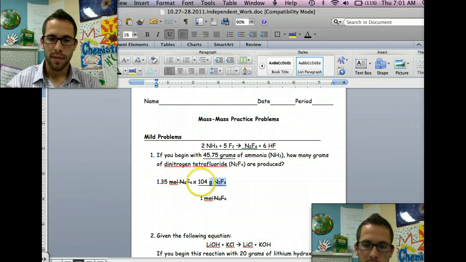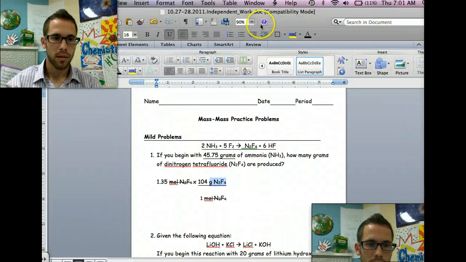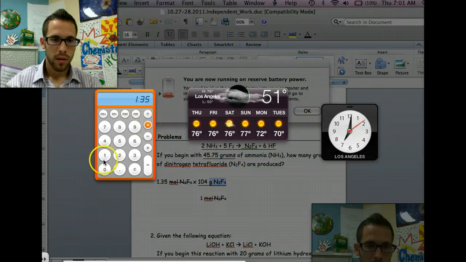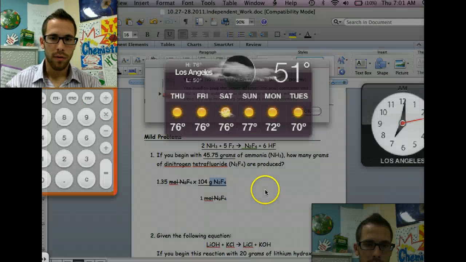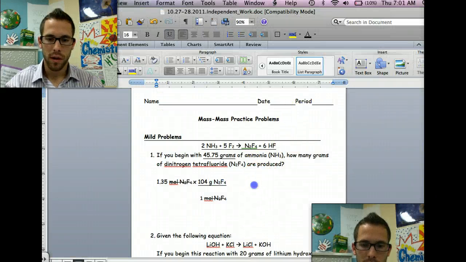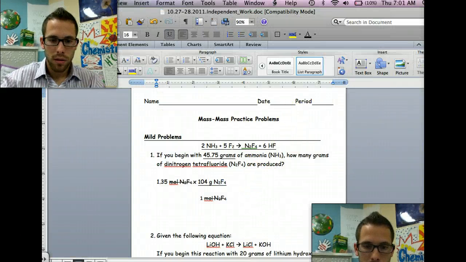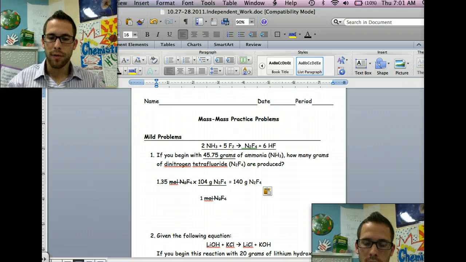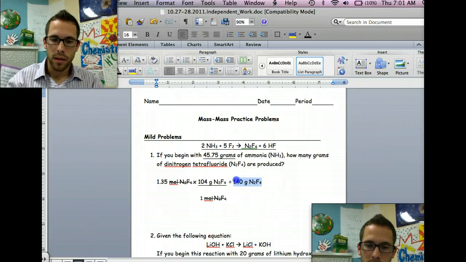We have 1.35 times 104. Let's do the math. 140.4. Let's just go with 140. Equals 140 grams of N2F4. And boom, there is our answer.